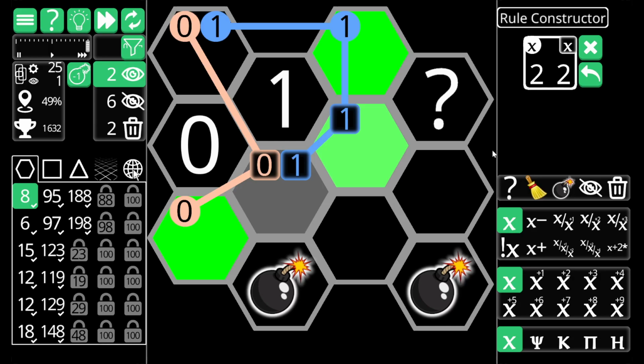I don't think it'll help with this puzzle, but in general, it's a nice thing to know.